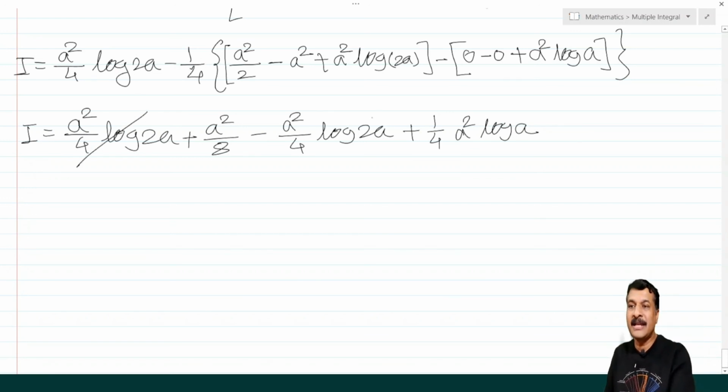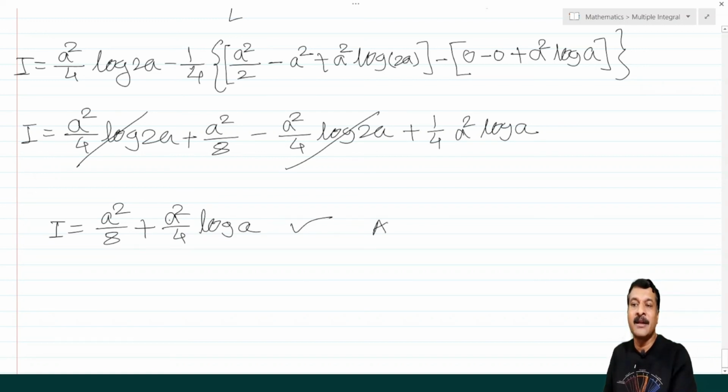So this cancel. So what I am getting? I equal to a square by 8 plus a square by 4 log a, which is your final answer. But one may common out here, a square by 8. So inside 1 plus 2 log a, which is your required answer.